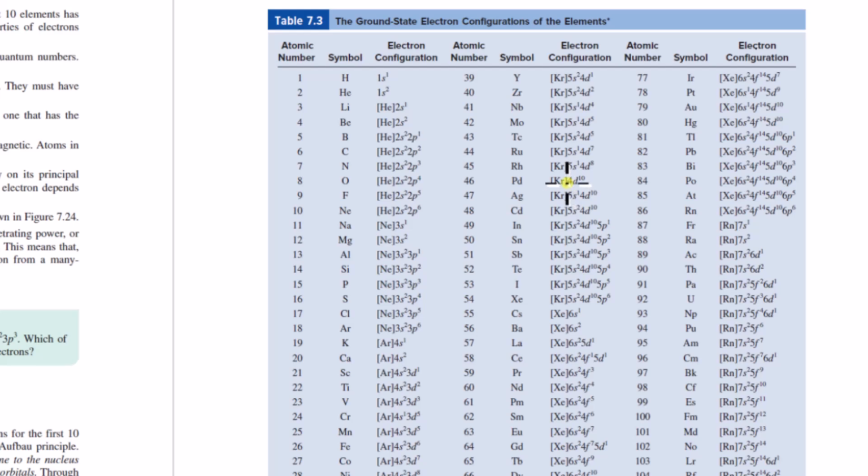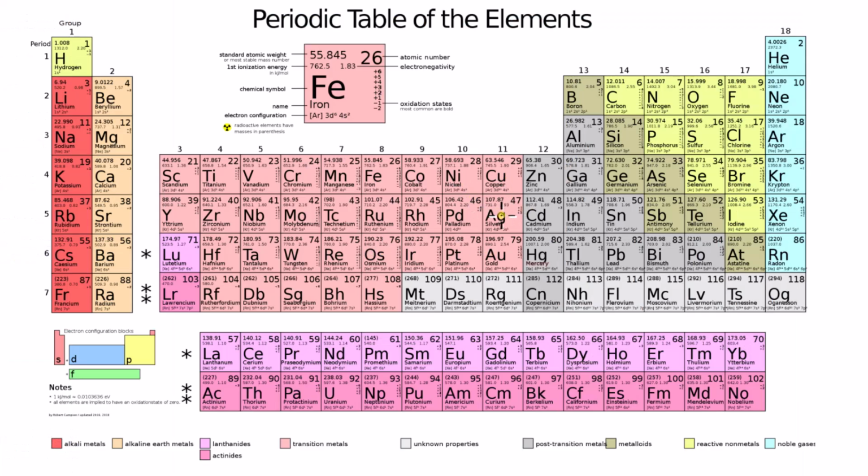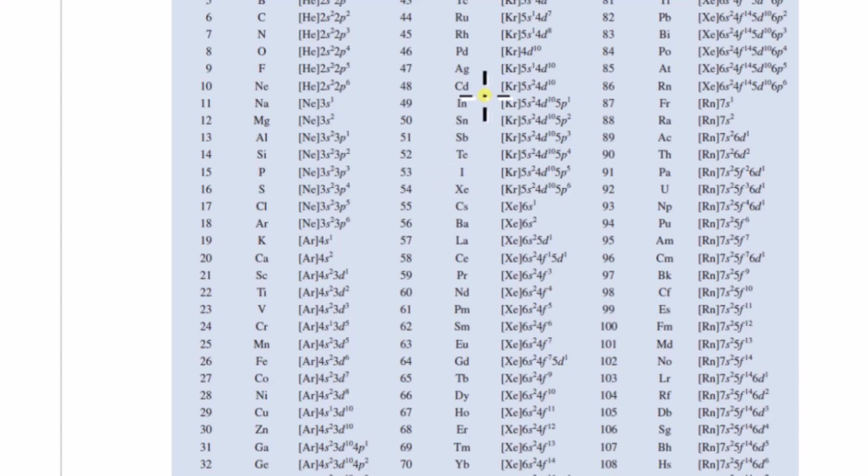So it's different. But then you get to cadmium, and I believe from cadmium through xenon, it goes back to the normal type. So let's take a look. Cadmium, 5s2 4d10, and then 5s2 4d10 5p1, 5p2, 5p3, 4, 5, 6, yes. And then we come to the 6th period, starting with cesium.